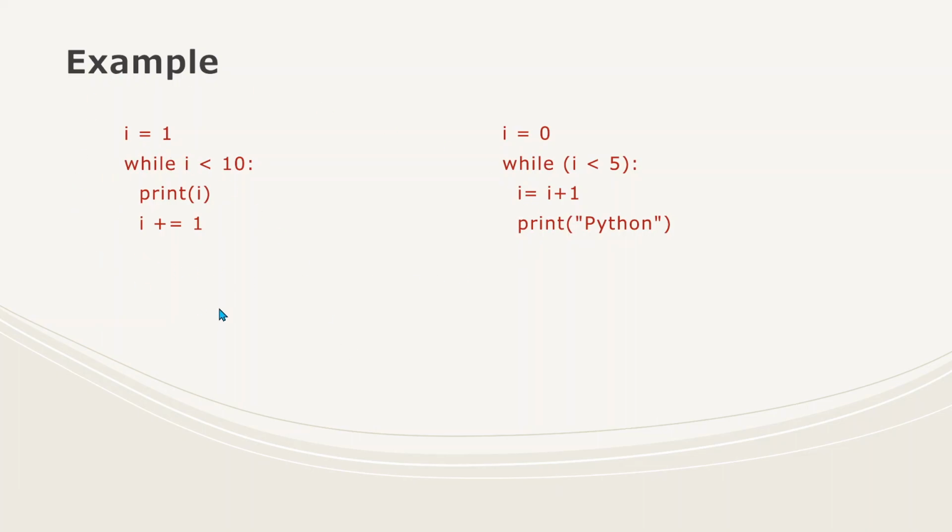Instead of showing this slide, let's go to Python and try to understand how a while loop works. Say, for example, I want to print numbers up to n. Here let me assign a value to i.